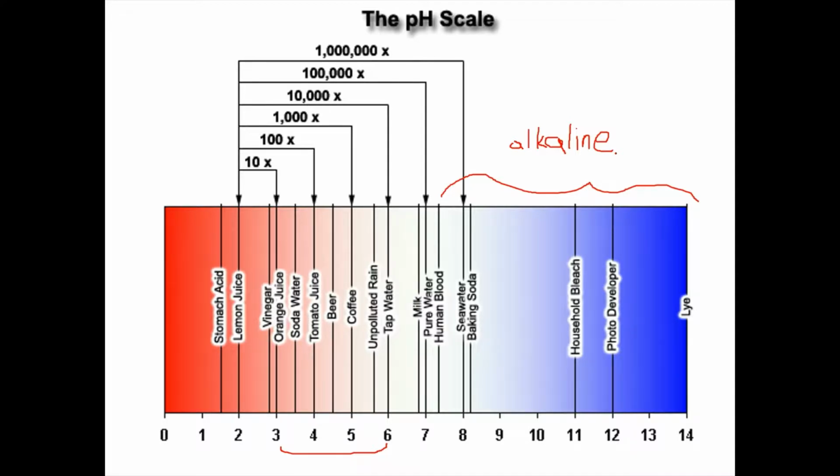I've heard people say, oh, you have to control your pH because if your body is too acidic, it's just not going to function correctly. To a point, that's true, but you have very little control over what your body's pH is. Your blood controls it itself.